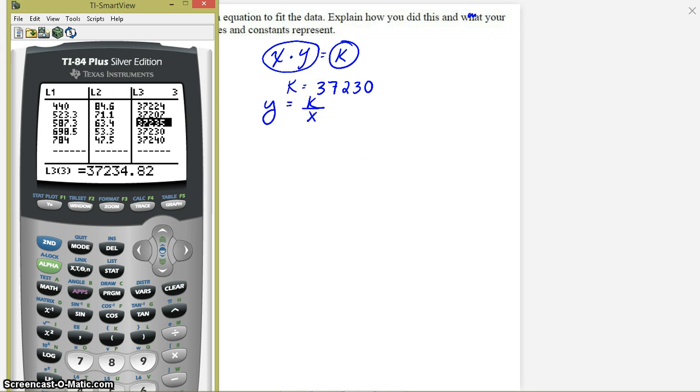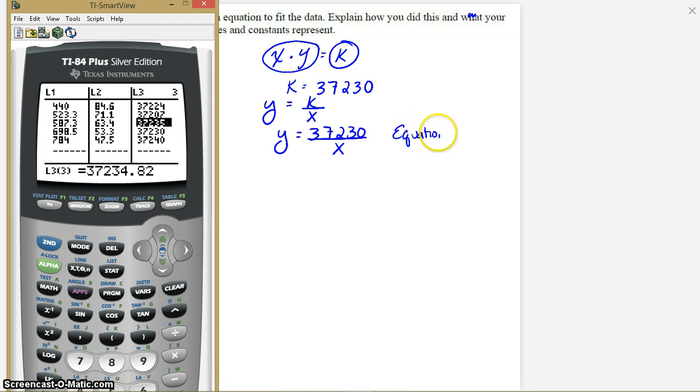So in this particular case, it's going to be my k, 37,230 over x. And this is going to be the equation I'd like to use.